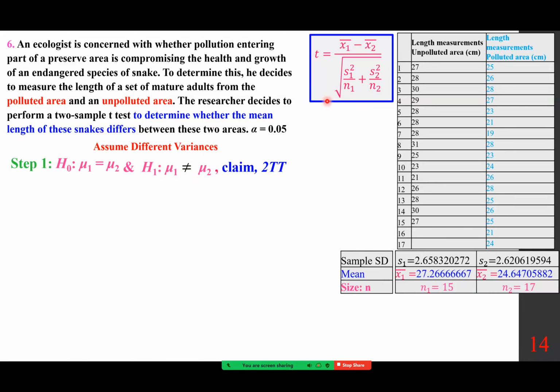We are going to calculate the test statistic. We have all the information here, so we plug in. X1 bar minus X2 bar, which is 27.26666 minus 24.647058882, over the square root of 2.658 quantity squared over 15 plus 2.621 quantity squared over 17.